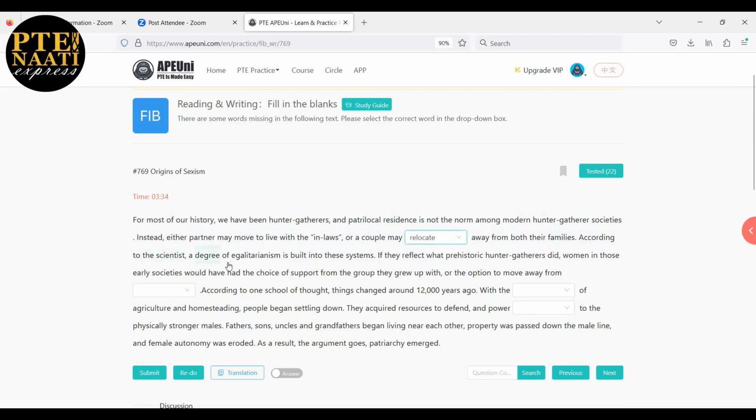According to the scientists, a degree of egalitarianism is built into each system.